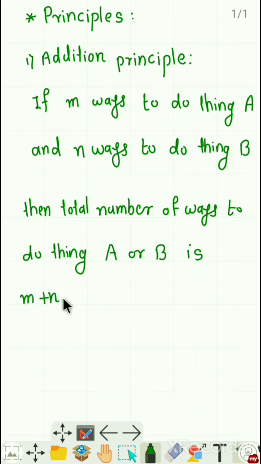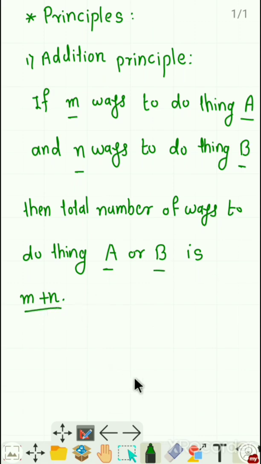Okay, so this is our addition principle. If we have to do two things, thing A and thing B, and if there are m ways to do thing A, and n ways to do thing B, then the total number of ways to do thing either A or B is given by m plus n.